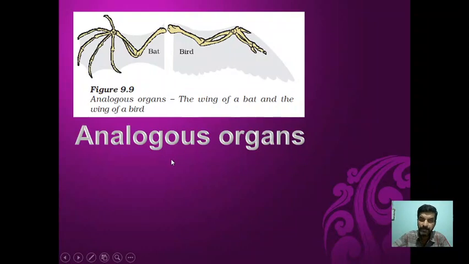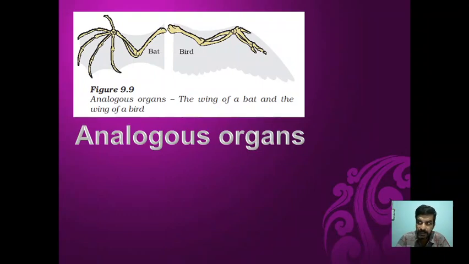In the same way, we can take the example of plants for homologous and analogous organs. For example, in plants we find spines in cactus, or a leaf in a common plant, or in some cases the axillary bud.